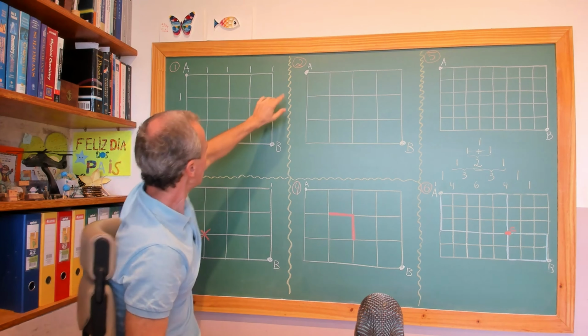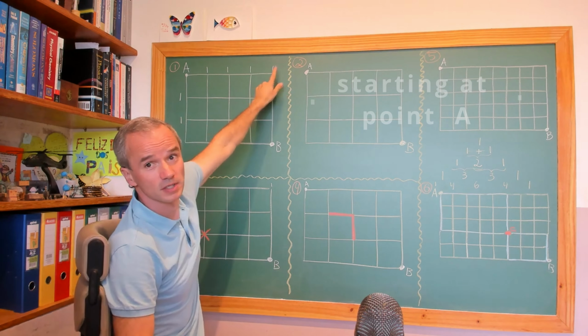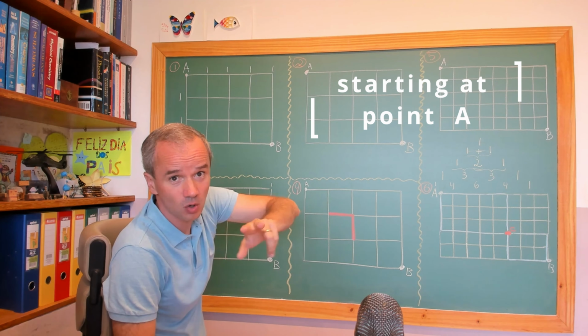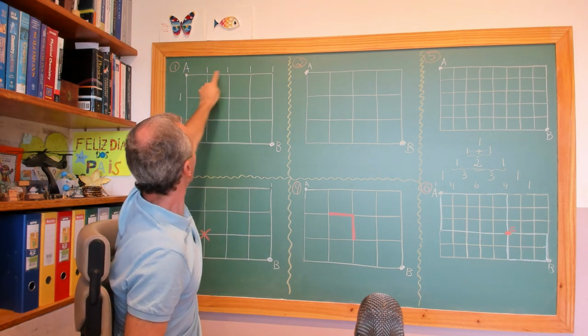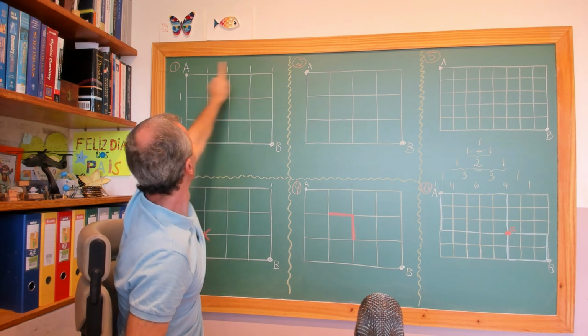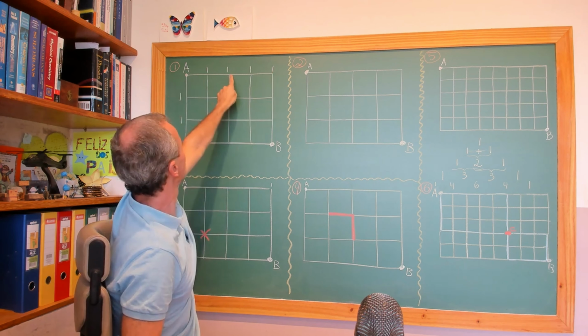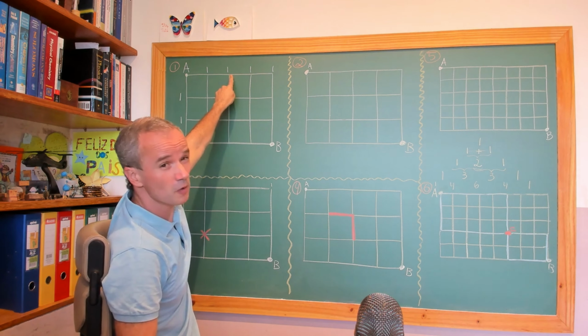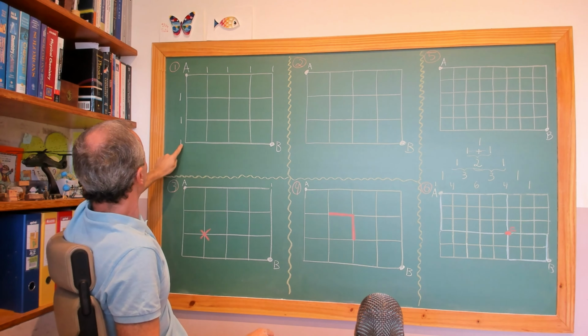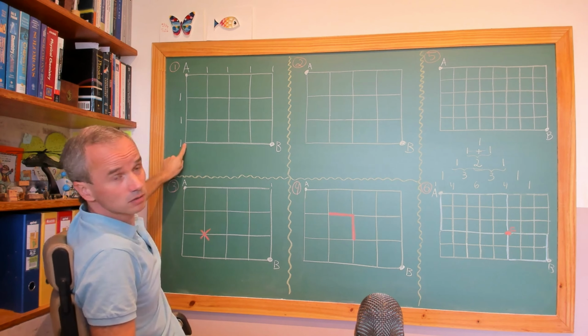How many ways to go to this point, assuming only rights and only downs? Only one way. There is only one way to get to this knot. How many ways to go into this knot in here? Only one possible way as well. How many ways to go into this point? Only one.